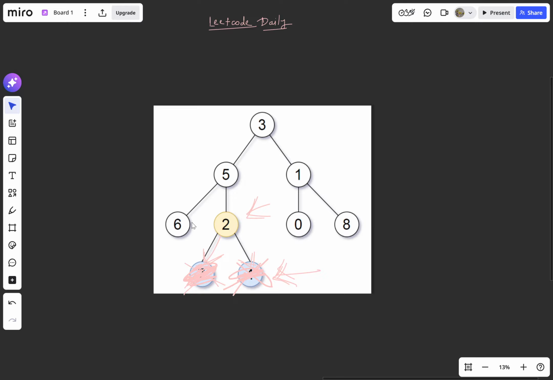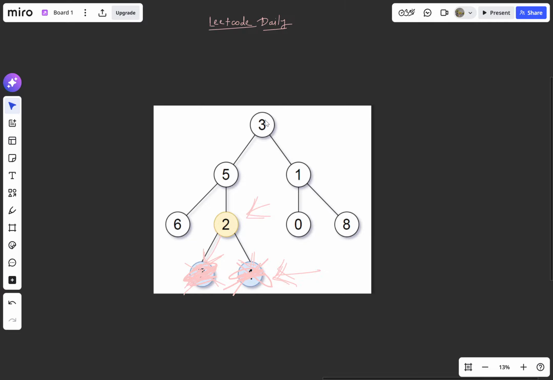Now we have to find the node which contains all these deepest nodes below it as its child nodes.